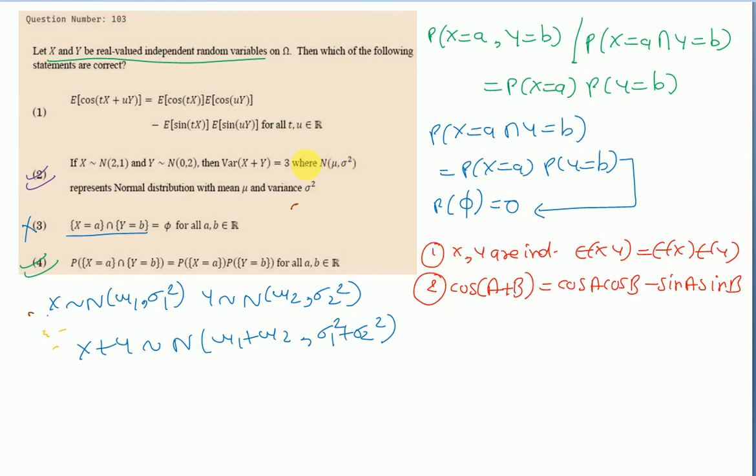First of all, we need to prove that random variables cos tx and cos uy both are independent. How will we prove that these both are independent? See, let us write G of cos tx and cos uy as the distribution function of cos tx and cos uy.